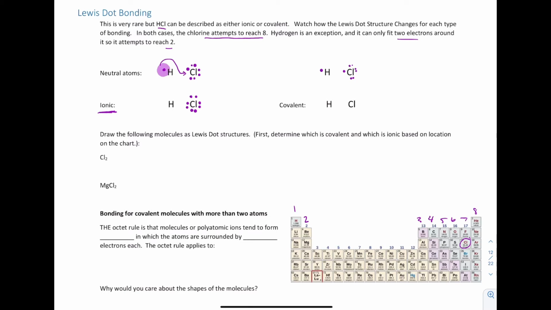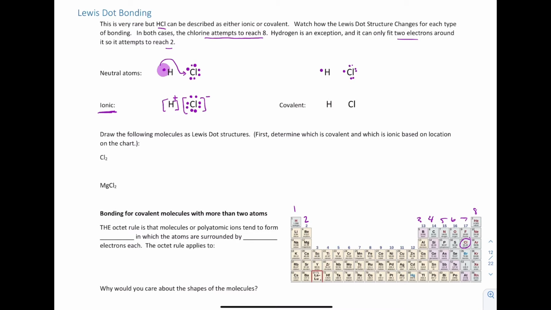And notice that this is hydrogen plus now, and this is chlorine minus. So now these two ions are attracted to each other because of their positive and their negative charges.